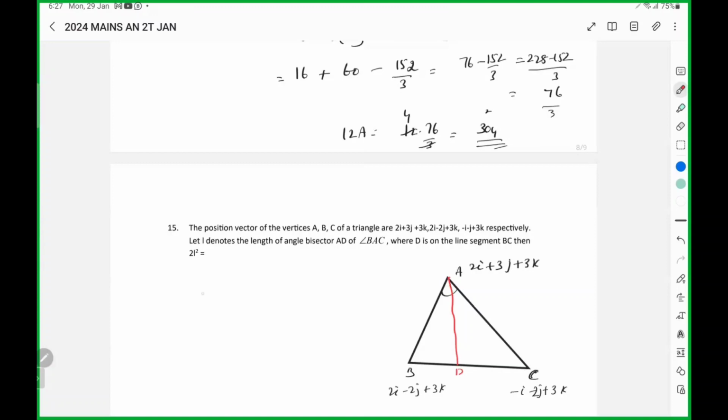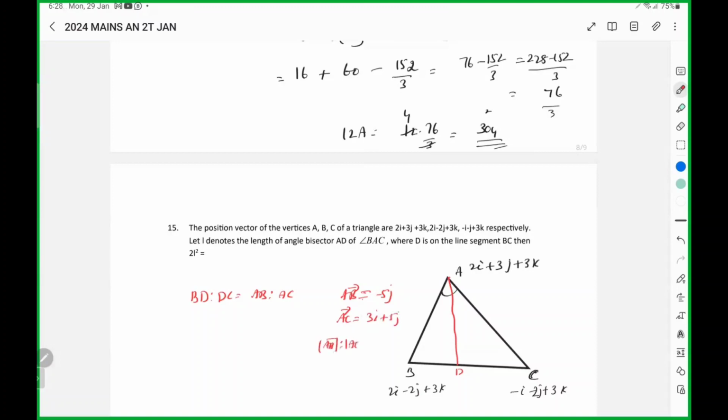We know that BD is to DC is AB is to AC. AB vector: 2i minus 2i is 0, minus 2j minus 3j is minus 5j, 3k cancels. AC: 2i plus i is 3i, 3j plus 2j is 5j, 3k cancels.